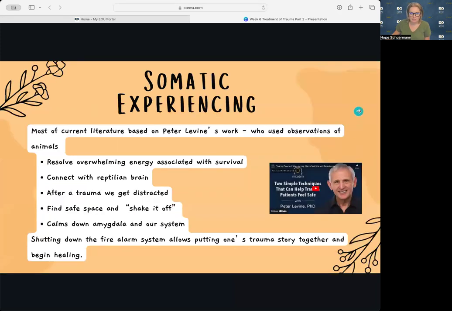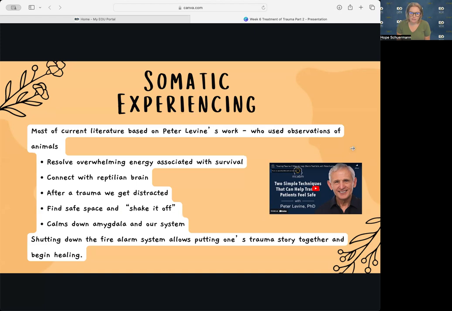So somatic experiencing is based on Peter Levine's work, and I would really recommend reading his books. They're not super long. I have read at least 2 of them. They do typically have specific activities in them that you can use for trauma treatment. And it's based on the idea and from his observations of animals who survive a trauma.